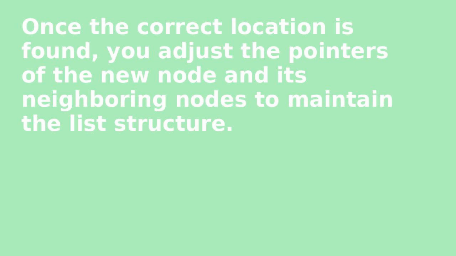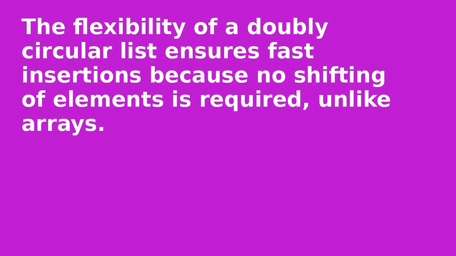Once the correct location is found, you adjust the pointers of the new node and its neighboring nodes to maintain the list structure. The flexibility of a doubly circular list ensures fast insertions because no shifting of elements is required, unlike arrays.